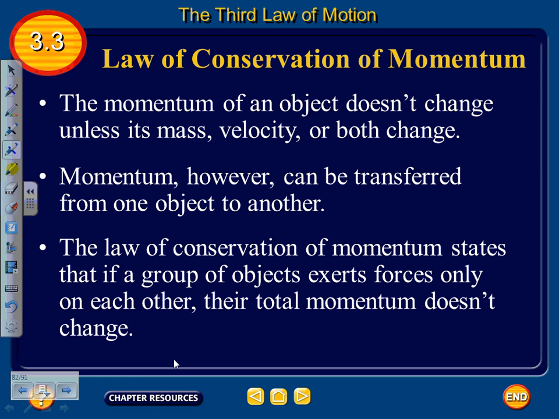The law of conservation of momentum states that if a group of objects exerts force only on each other, their total momentum doesn't change. It's related to the law of conservation of mass and the law of conservation of energy. It says basically we can't create momentum. We can only, in this case, transfer it from one object to another.